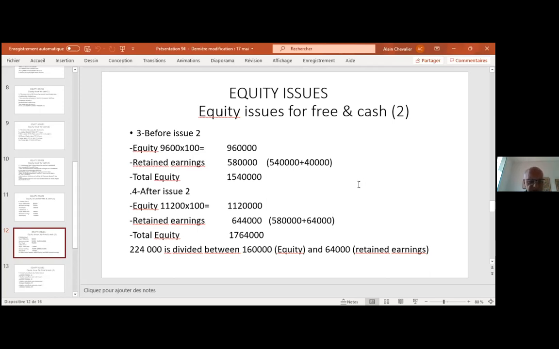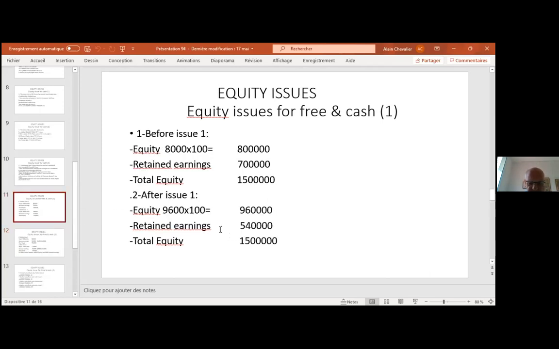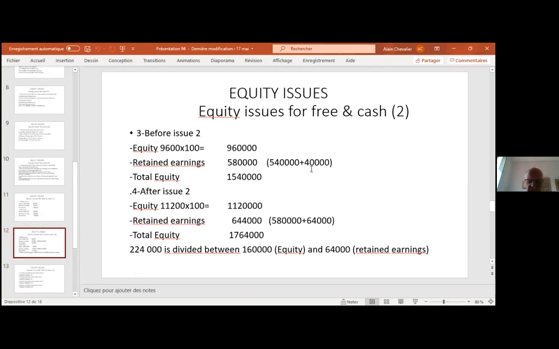We start from the preceding number we have found here and explained, which is 540,000 for retained earnings, and we should add the increase in retained earnings, which has been done between the end of the first issue and the beginning of the second issue, which is 40,000, as it is said in point B4 of the exercise.